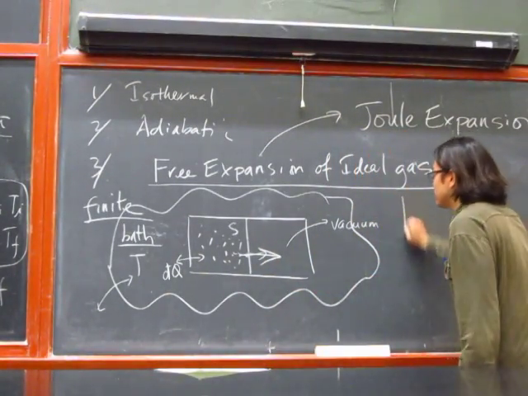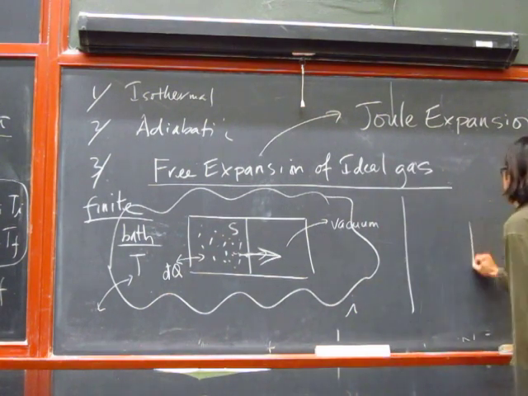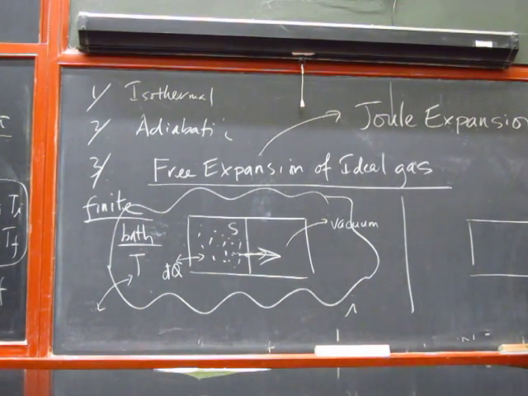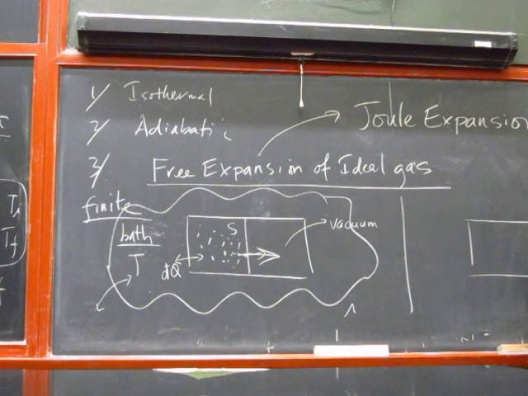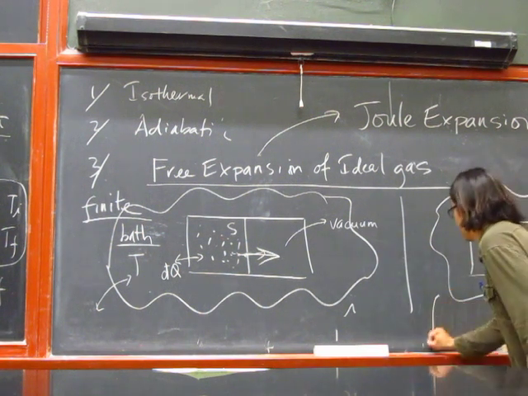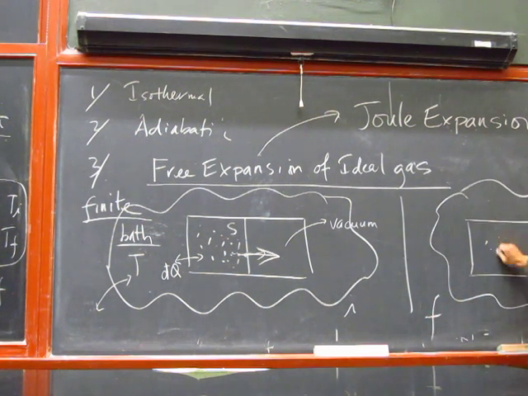This is the initial state. In the final state, there will be equal pressure, so gas will flow that way and this way, and everything will be in equilibrium.